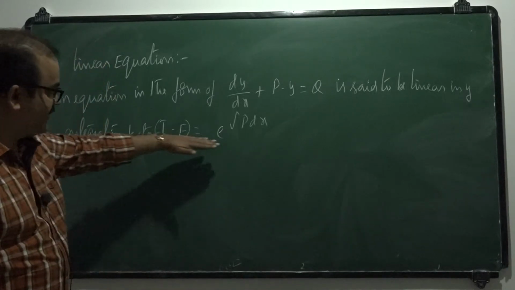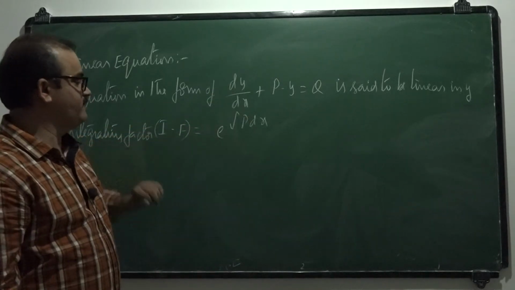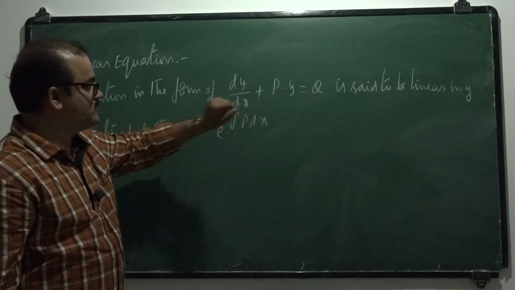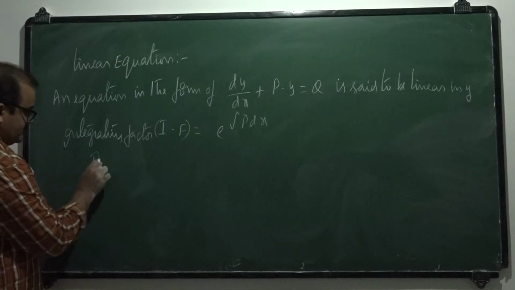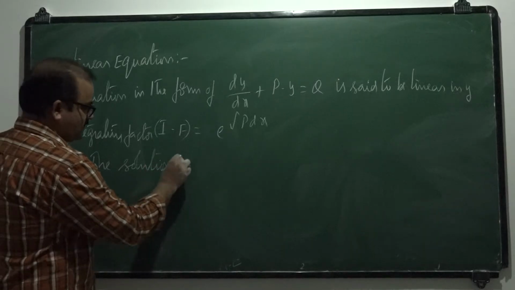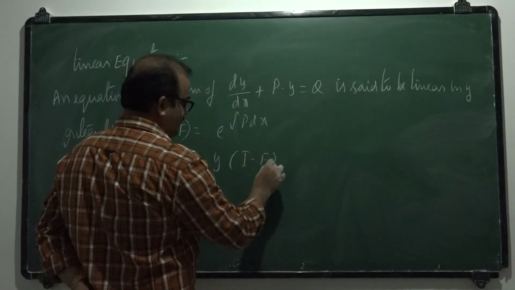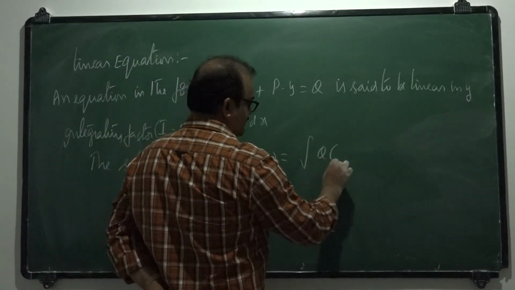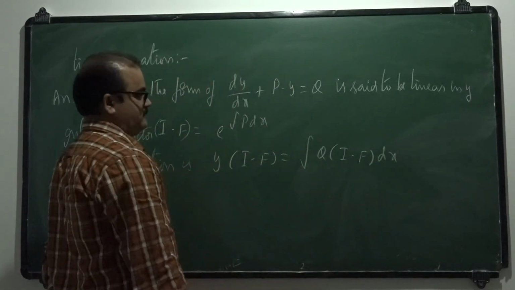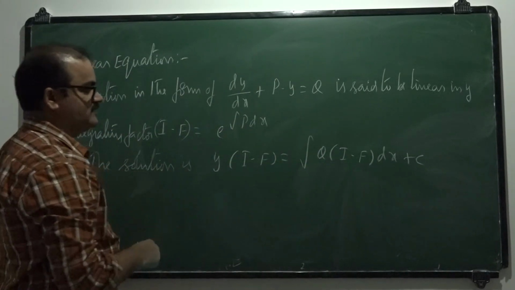By using this factor, we have to integrate this equation. That's why this is called the integrating factor. Now there is a formula to find the solution. The solution is y into integrating factor is equal to integral q into integrating factor into dx plus c. This is the solution of the general equation.